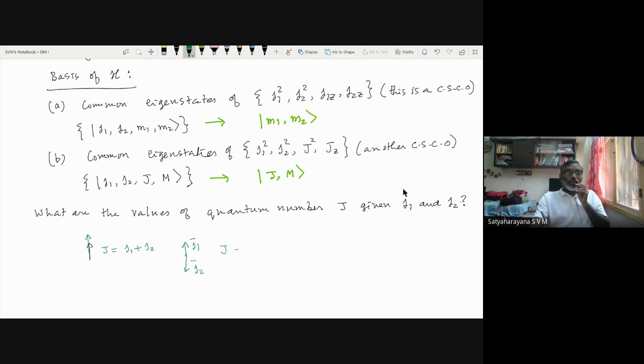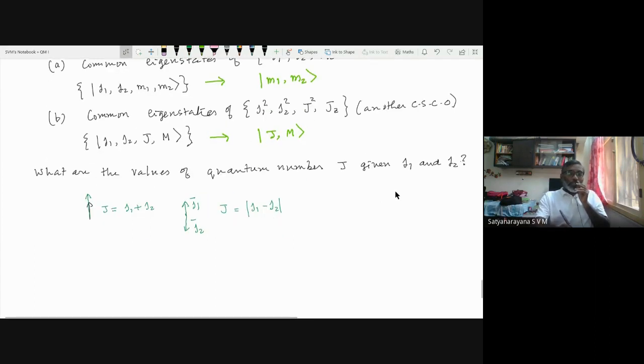Then your capital J is equal to J1 minus J2, but this can be positive or negative, so we take the modulus. And in any other direction, it is going to be between these two, correct? So we say that your J should take values from J1 minus J2 up to J1 plus J2, in units of 1, since you have to add integers.